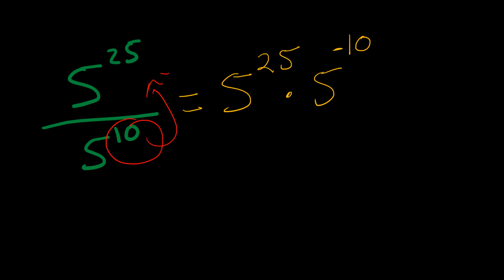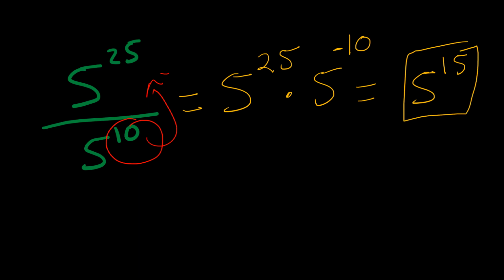So that's all that's going on. So we have 5 to the 25th times 5 to the negative 10th power. This is just going to get 5 to the 15th power.